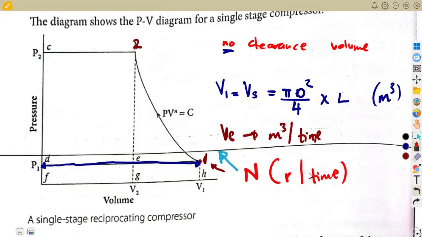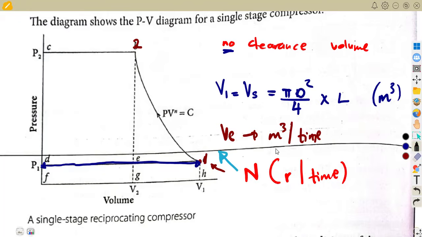Revs per second, revs per minute. So what does it mean? It means these two work hand in hand. The reason for us to have VE in cubic meters per unit time is because there is the speed in revolutions per unit time.